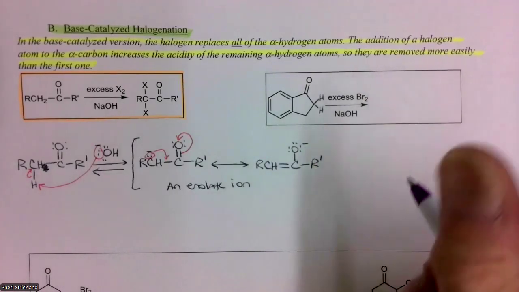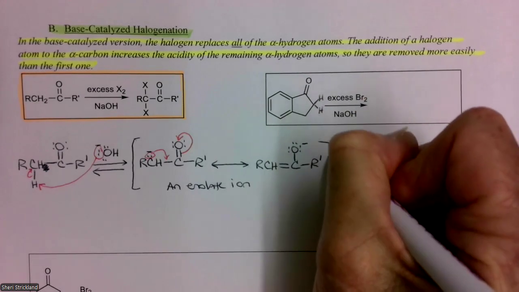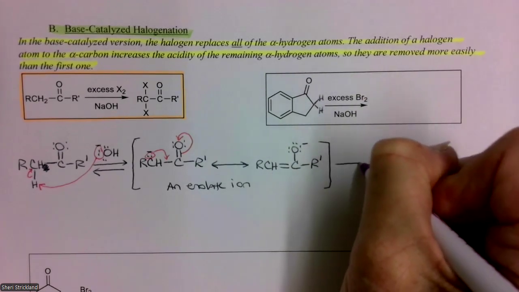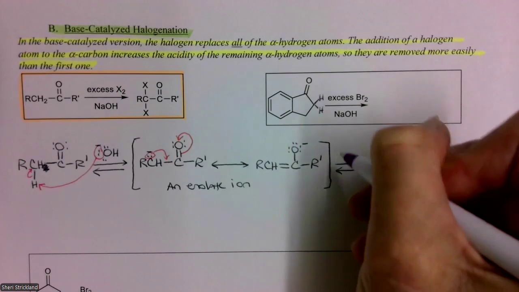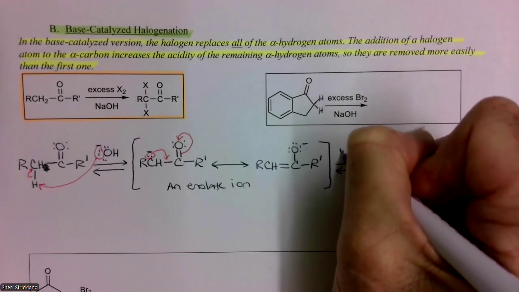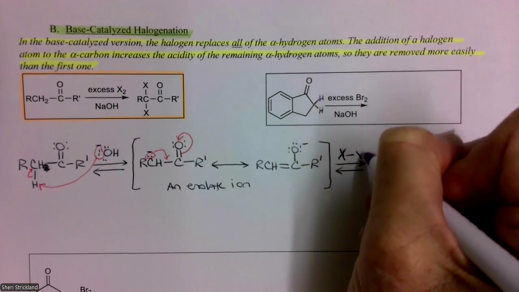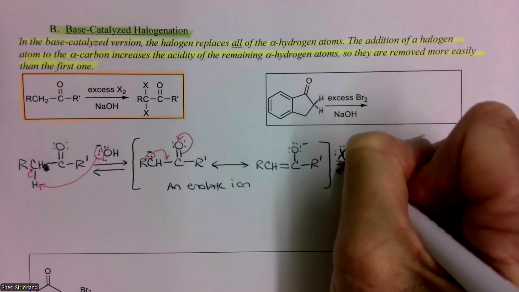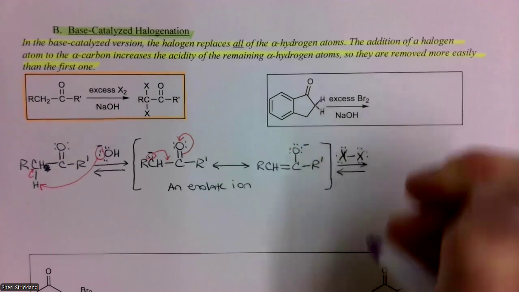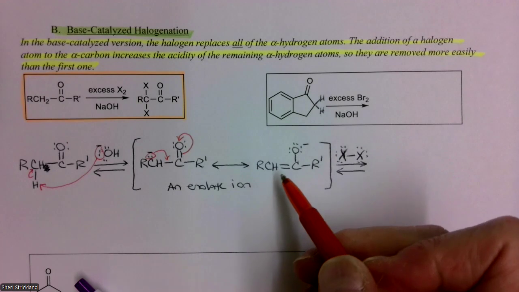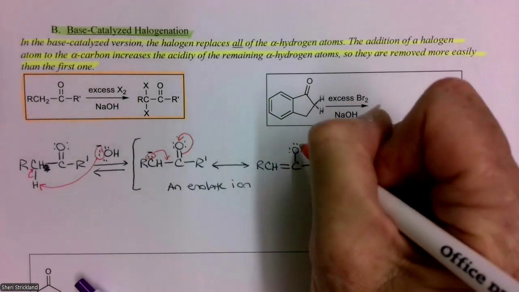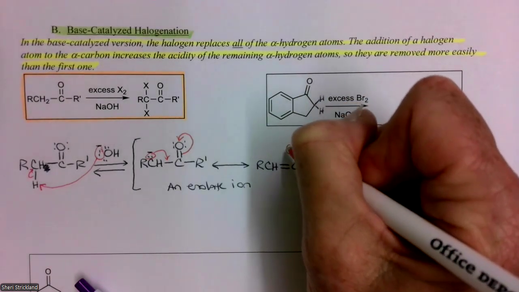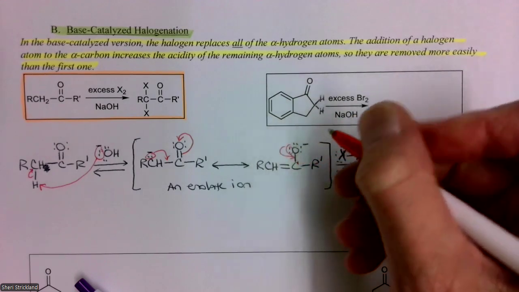All right, so the next thing that happens is that the electrophile adds. I'm just going to put that up here. And I'm going to do it with this right-hand resonance contributor, although you could use either one. It goes here.